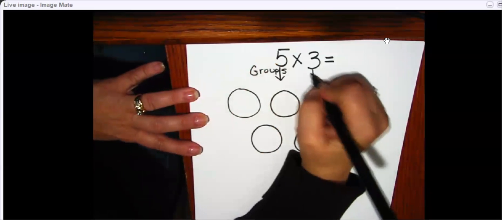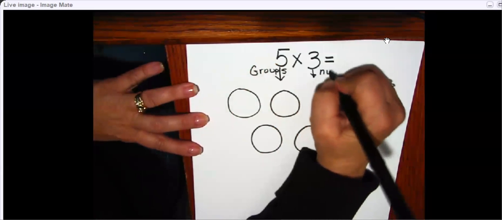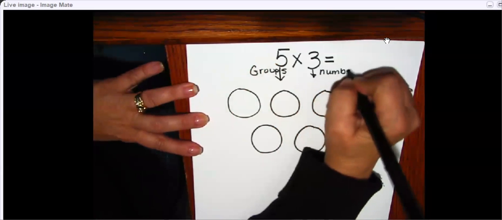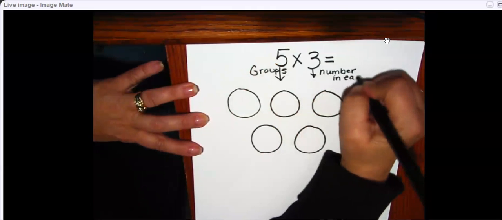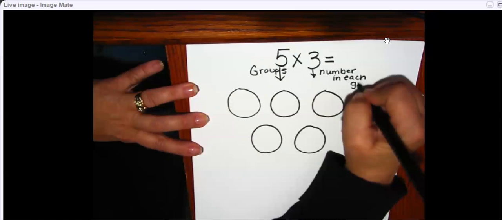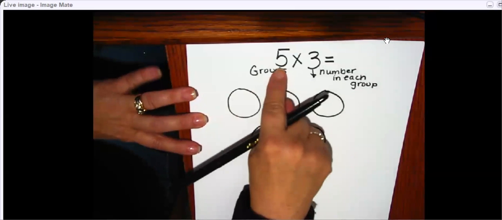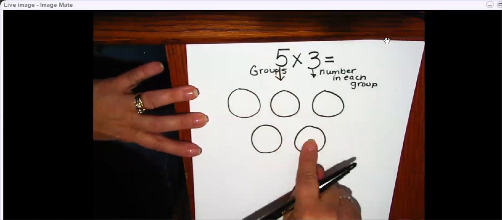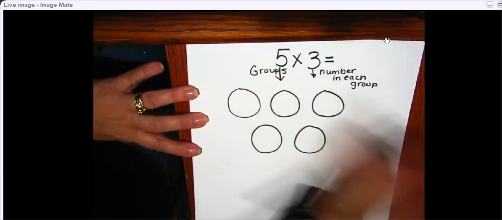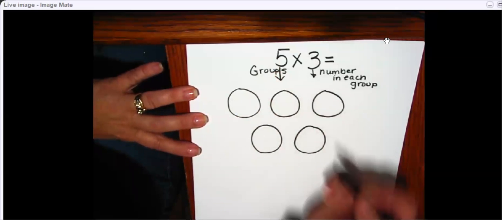Now, the second number here tells me the number in each group. So my first number told me the number of groups. So I had 5. 1, 2, 3, 4, 5. And my second number tells me the number in each group. So that means I have to put 3 in each group.